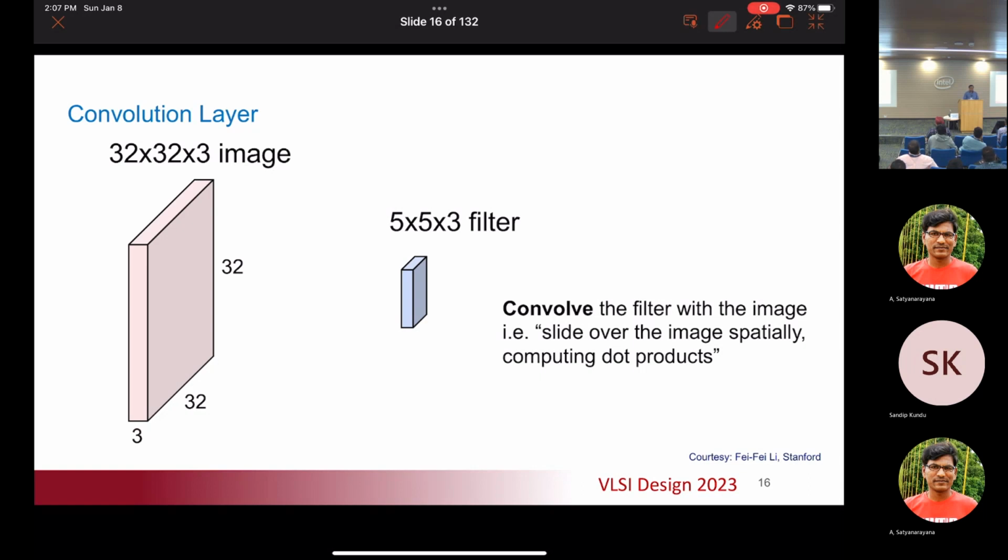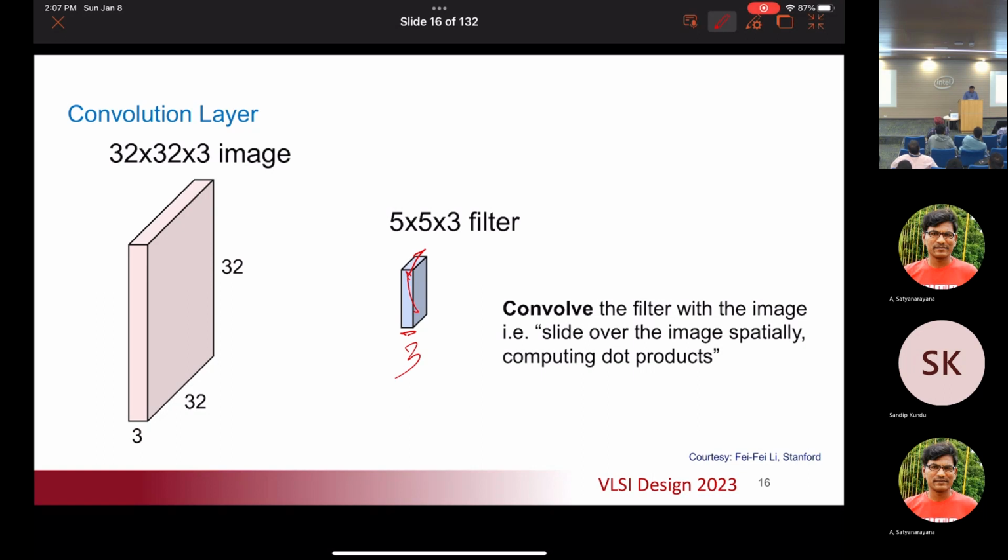That was the common size that AlexNet used most, but more recently, like with Google MobileNet, they're using filters that are mostly 3 by 3, not 5 by 5. So in this dimension, it's 5, this is 5, and the depth is 3.